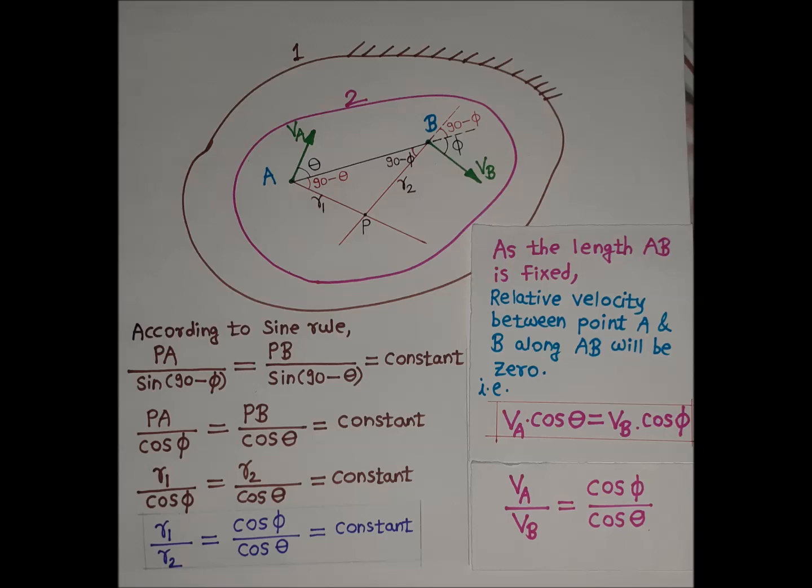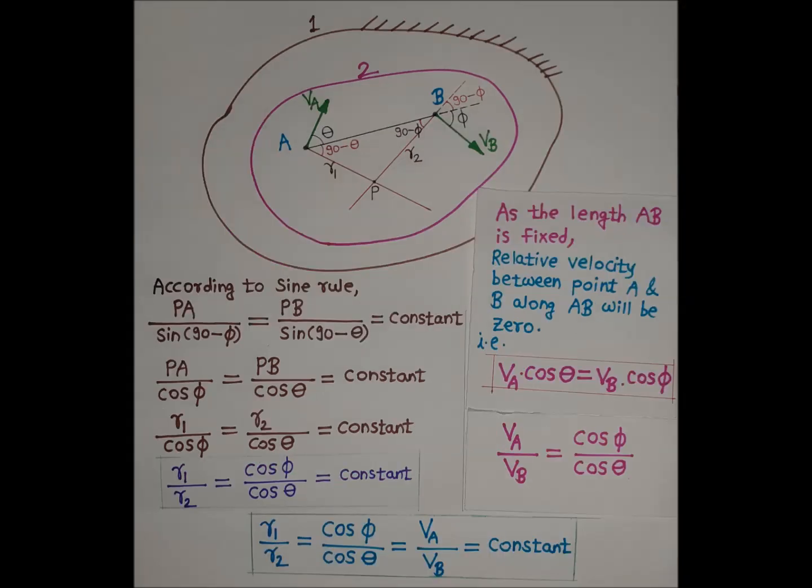Now we will equate and write the relation like this: R1 upon R2 is equal to cos phi upon cos theta. We can equate it to VA upon VB, because VA upon VB is equal to cos phi upon cos theta.